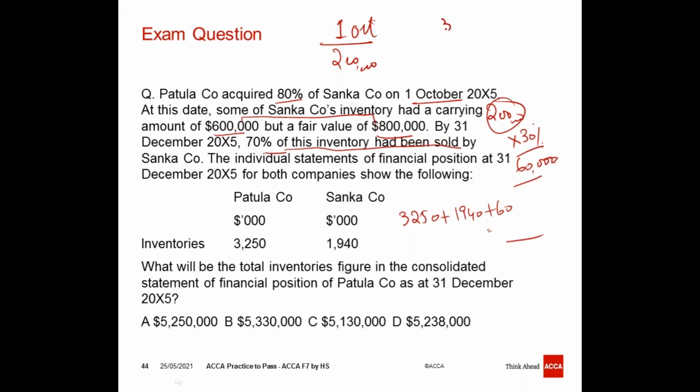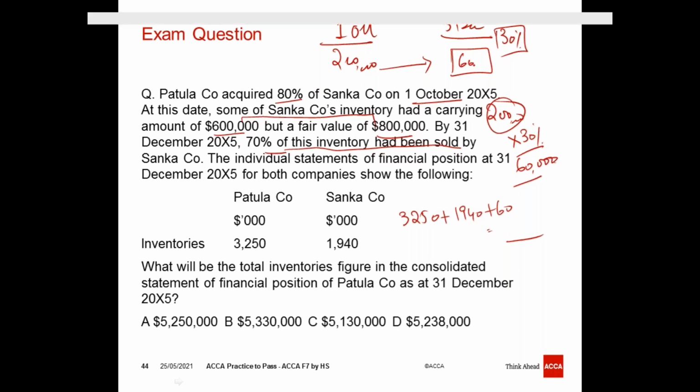But when we talk about the reporting date, that is 31st December, the subsidiary company has sold 70% of the stock to outside the group. So only 30% is still held in the inventory. So only 30% of this fair valuation adjustment can be reported at the reporting date because we only have 30% of the stock. So that's why I have just added 60.